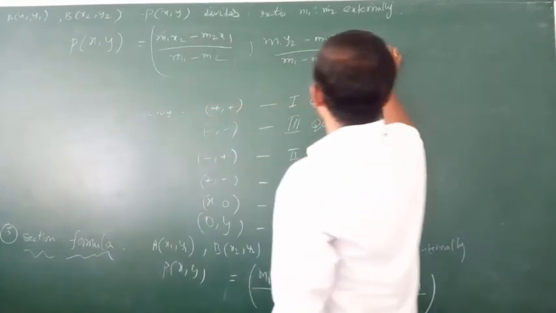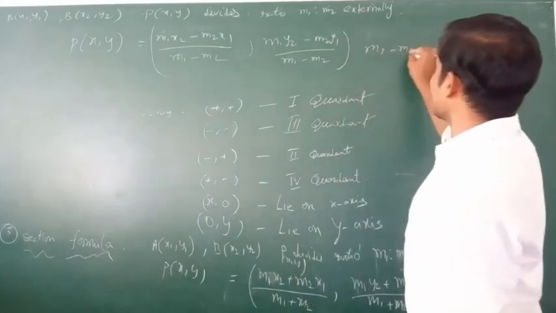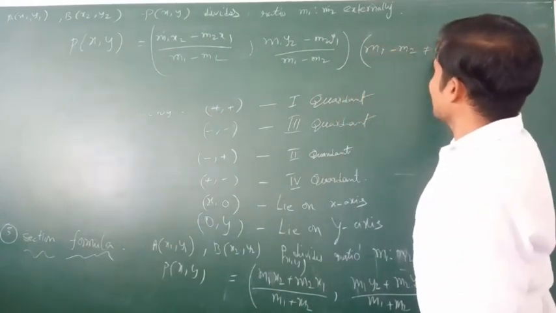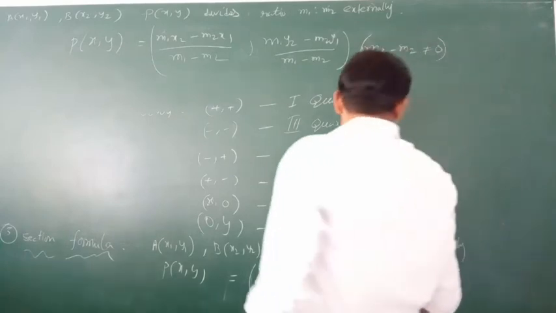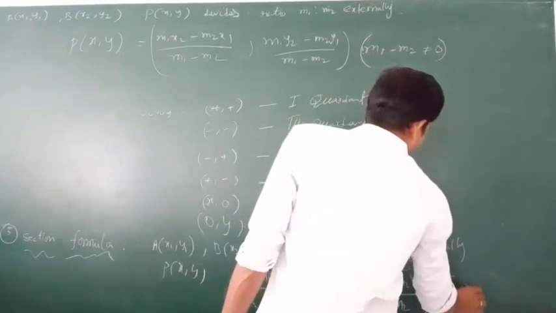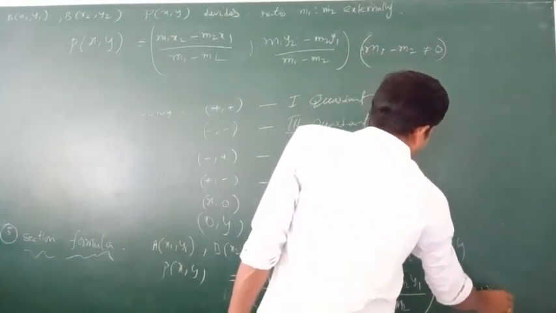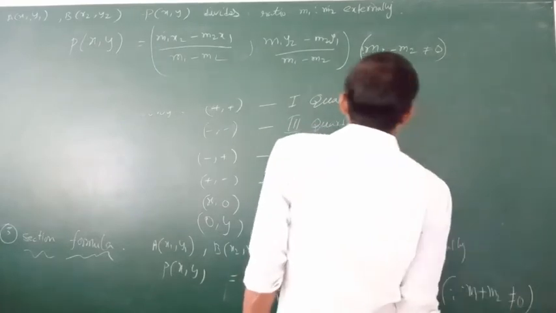Here m1 minus m2 is not equal to 0, and for the internal case m1 plus m2 is not equal to 0, right?